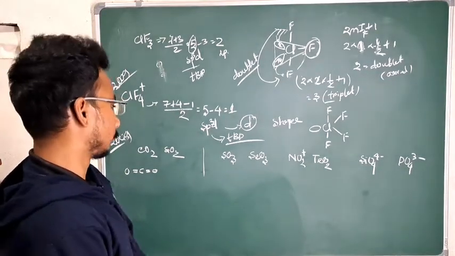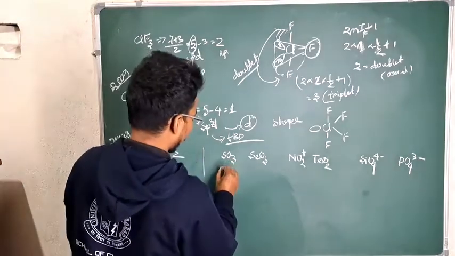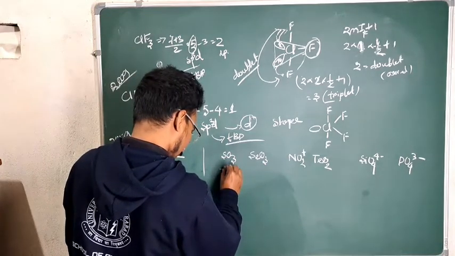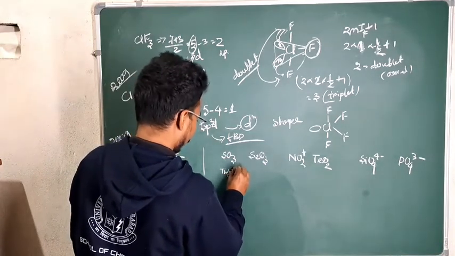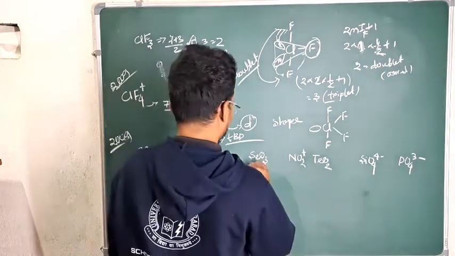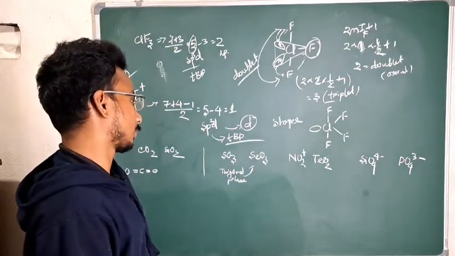We have to find the two structures that have the same structure, that definitely will have trigonal planar. It is also trigonal planar, but the electron count is different.